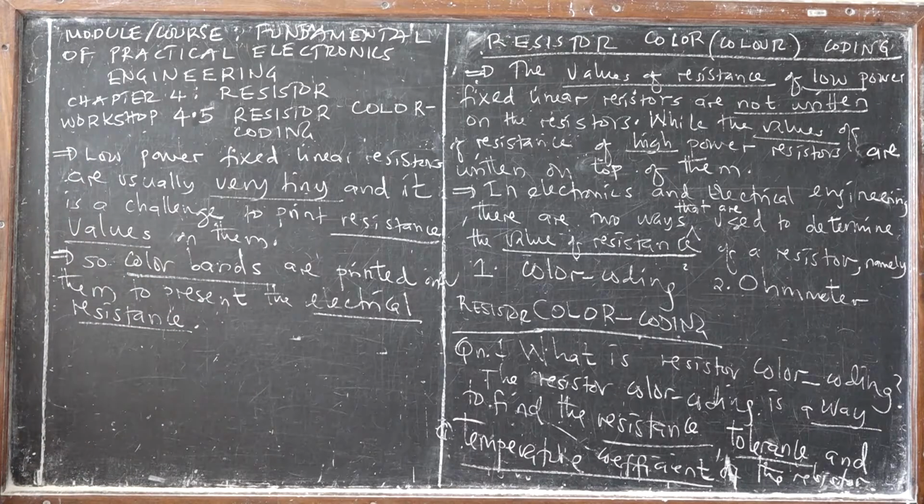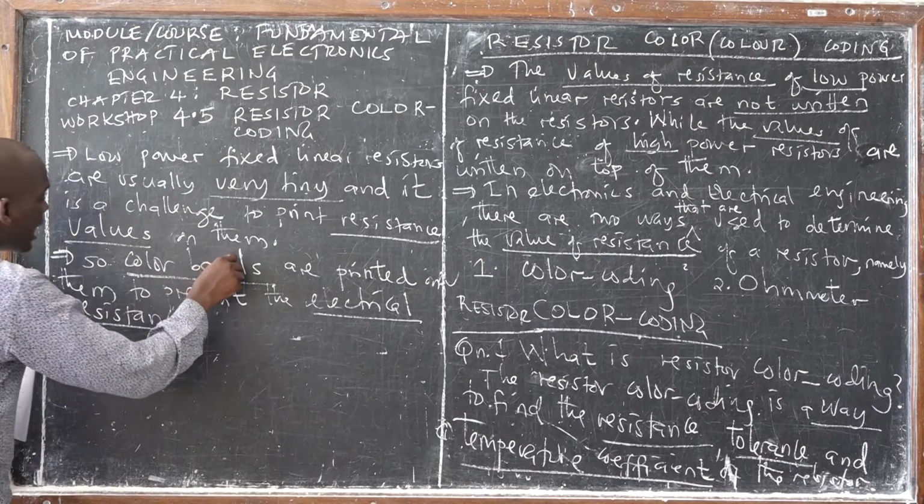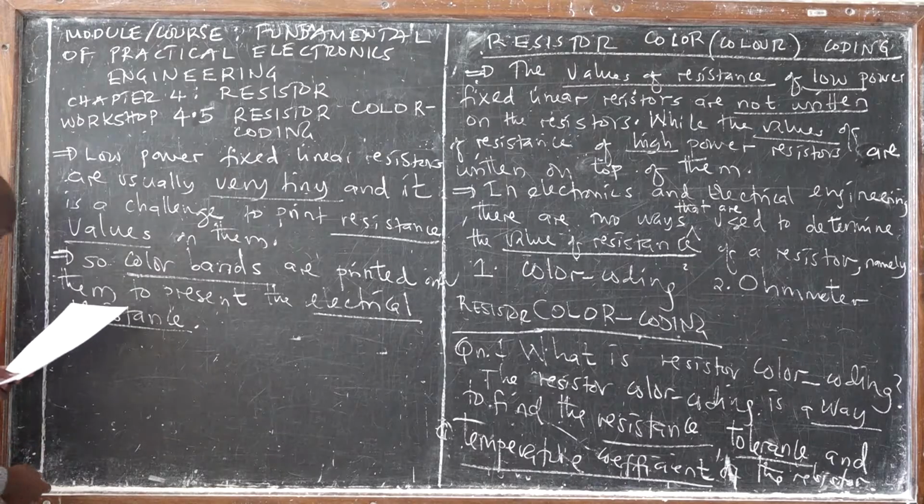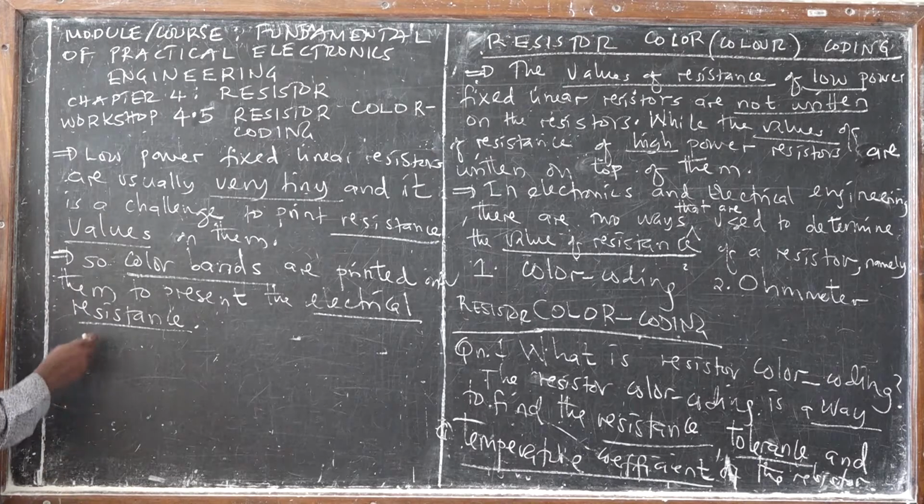The color bands are printed instead of the values, and the function of these color bands is that they help us determine the resistance of the resistor. And these color bands are known as resistor color codes.